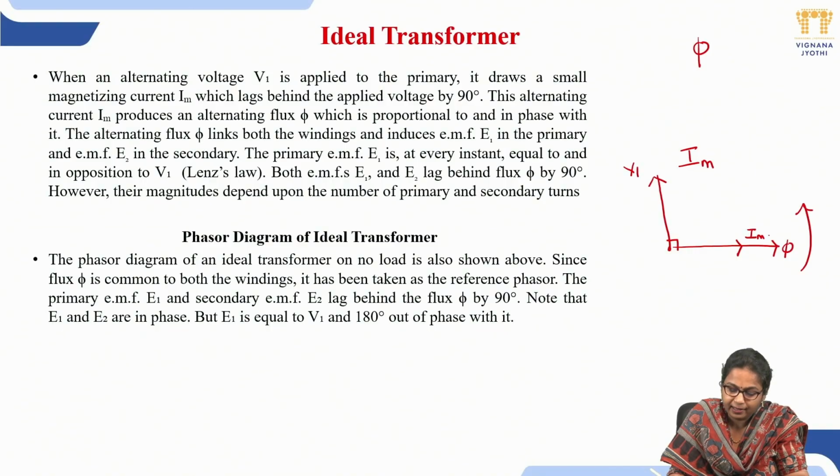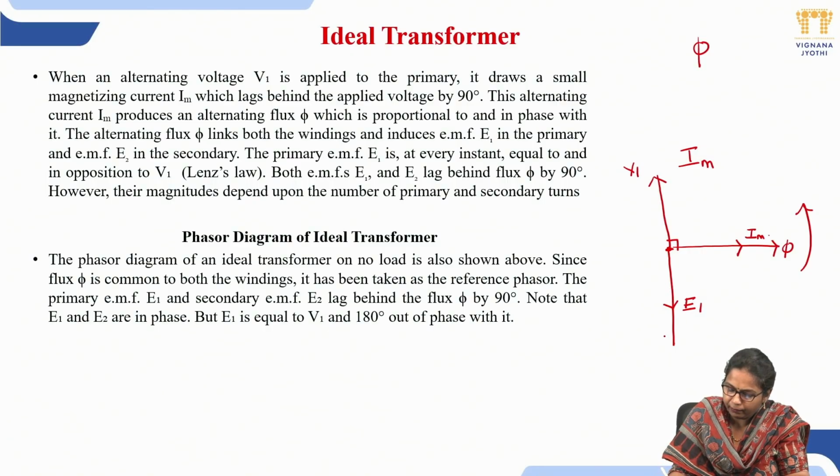The alternating flux links with both the windings, and hence EMF E1 will be induced in the primary and EMF E2 will be induced in the secondary. As per Lenz's law, the EMF induced will always oppose the cause of producing it. That's the reason why V1 will always be in opposition with E1. This is all because of Lenz's law.